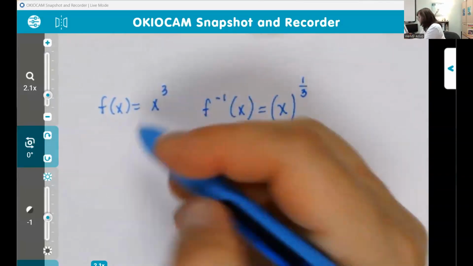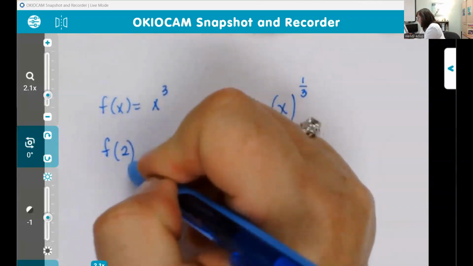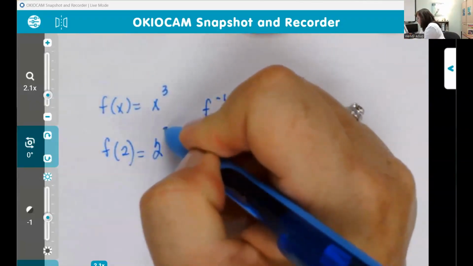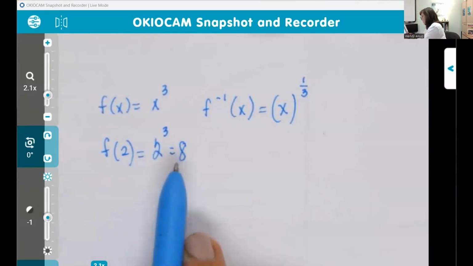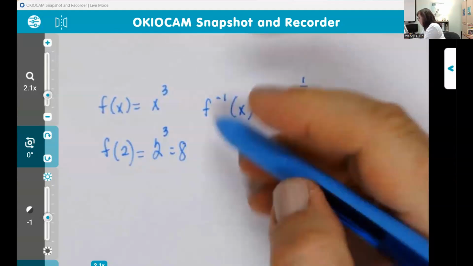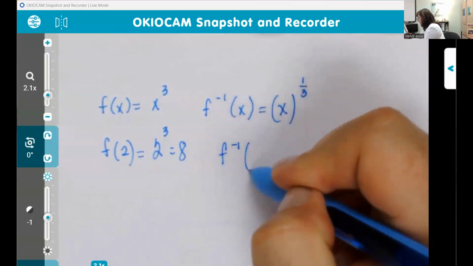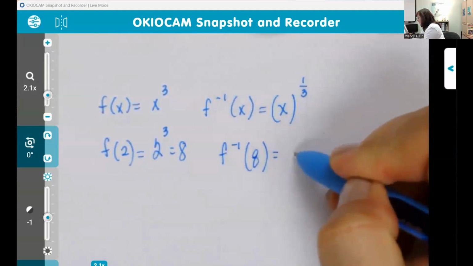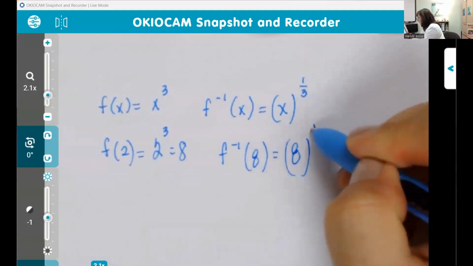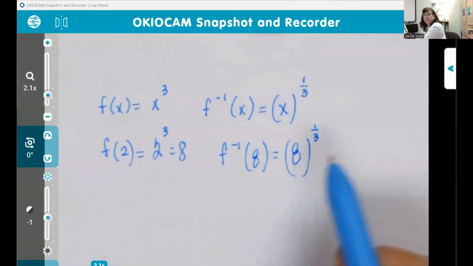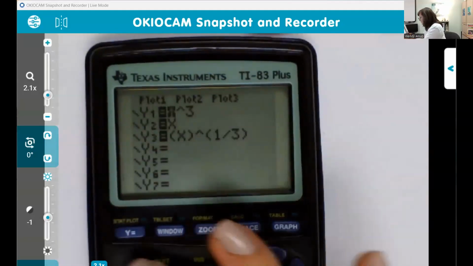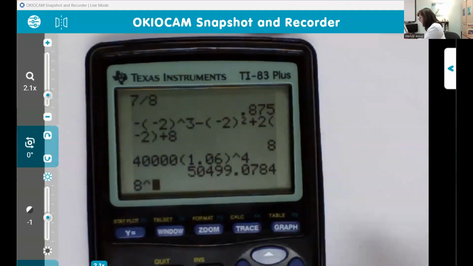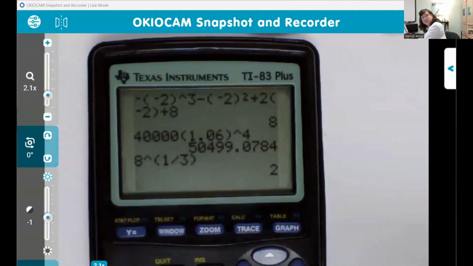What is f of 2? That's 2 to the third, which is 8. So that's the domain, and that's the range. Now let's put the range in the inverse. f inverse of 8 would be 8 to the 1/3 power. This is the same thing as the cube root of 8, but you can just put it in your calculator like that. 8 to the 1/3 power is 2.